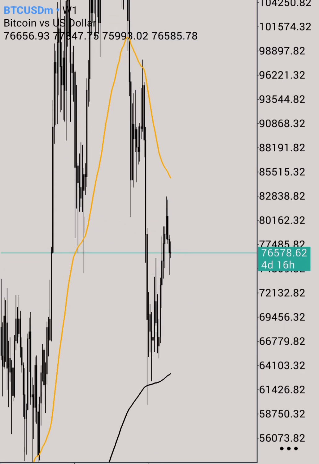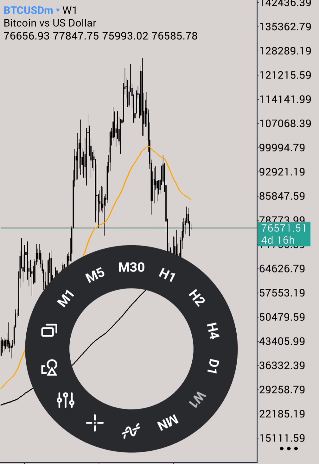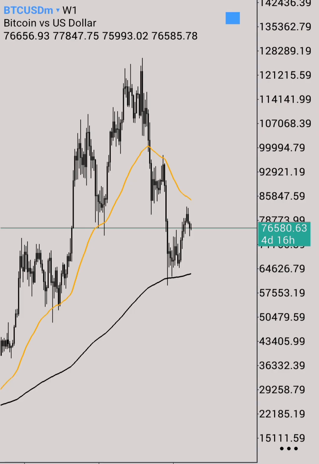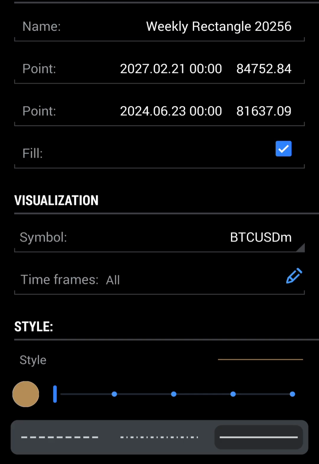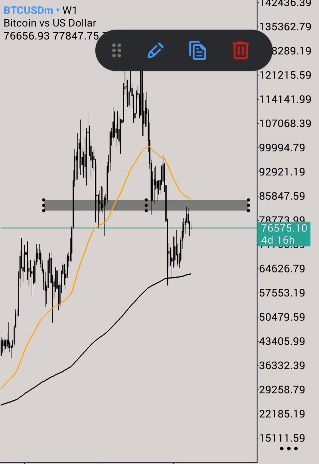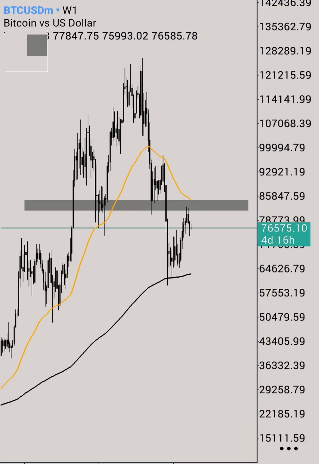Marking our area of interest, we could clearly see that we have an area at this point. We have an area at this point. It's an area of interest.